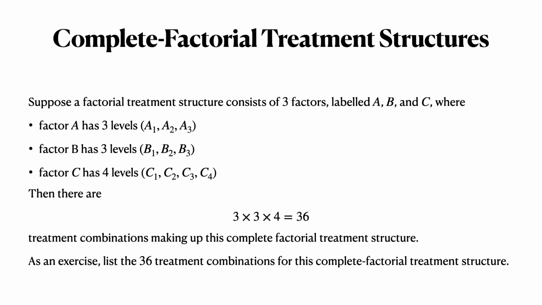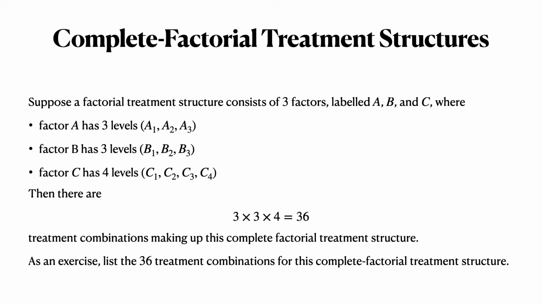As another simple example, suppose that a factorial treatment structure consists of three factors labeled A, B, and C, where factor A has three levels, denoted by A1, A2, and A3. Factor B has three levels, denoted B1, B2, and B3.